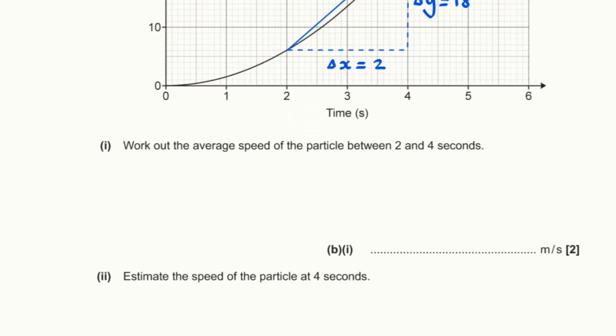And therefore, the average speed is equal to 18 meters divided by 2 seconds, which is 9 meters per second.